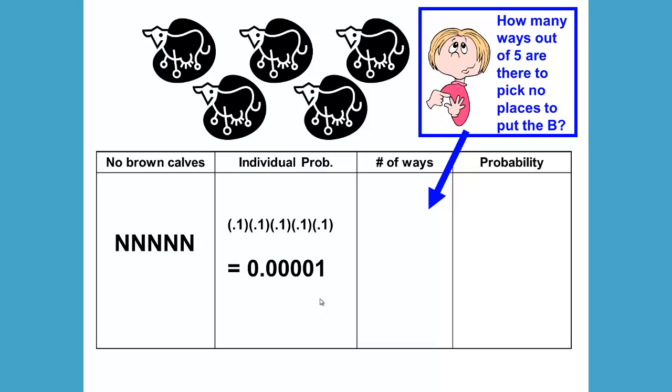So how many ways out of the 5 that we're looking at are there to pick no places to put the B, or the brown calf? Well, that would be a combination, and that would be 5C0 because the order of the B's does not matter.